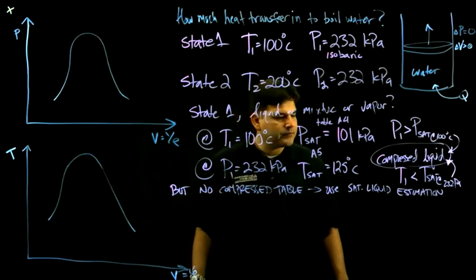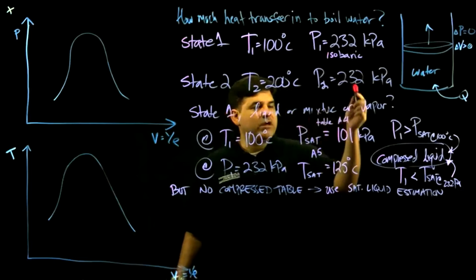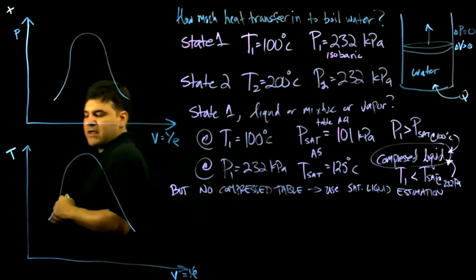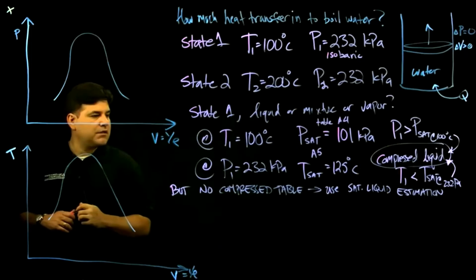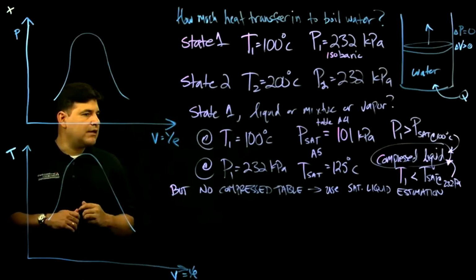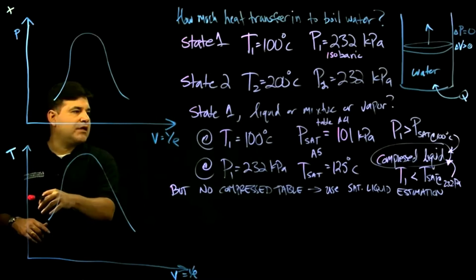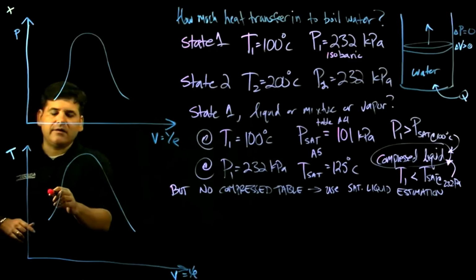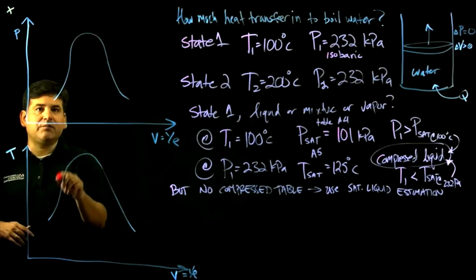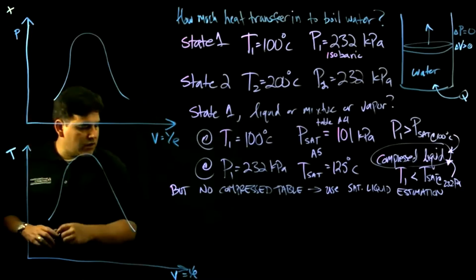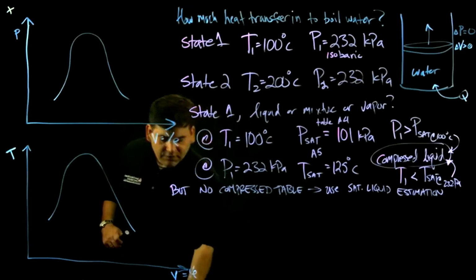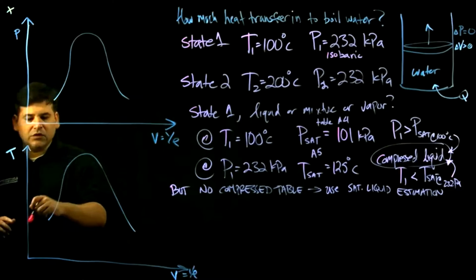So we just established that we are at 100 Celsius, somewhere here, and because our pressure is higher than the saturated pressure, we are in this zone.